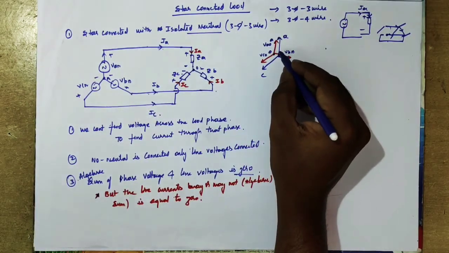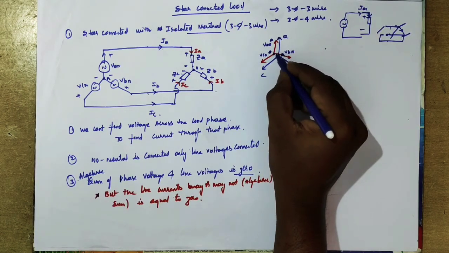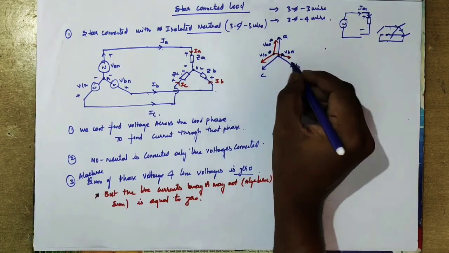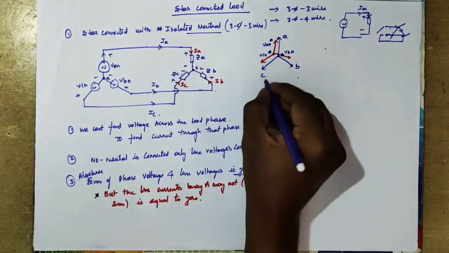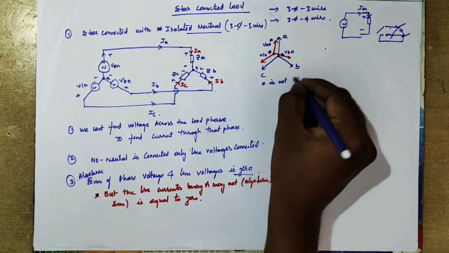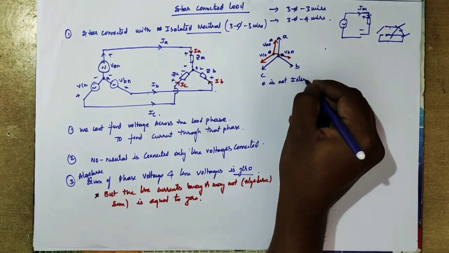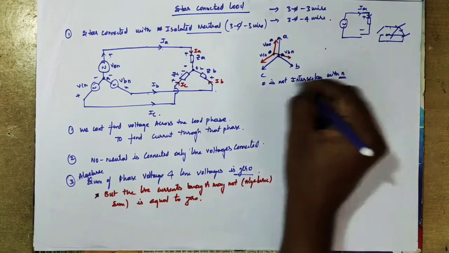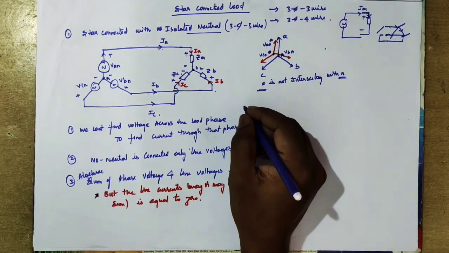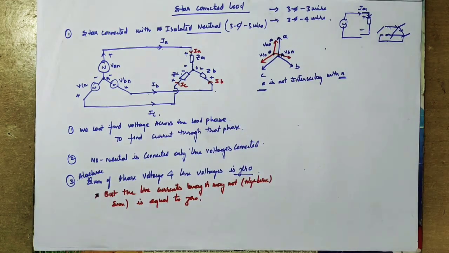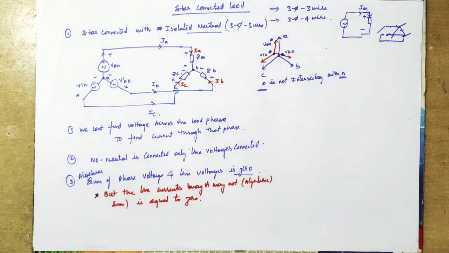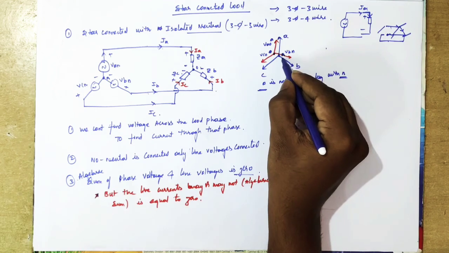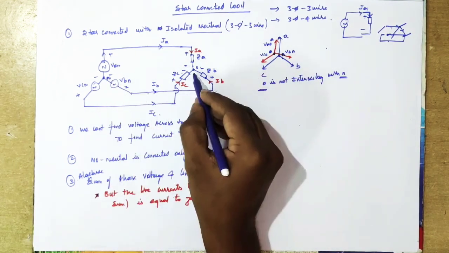We call these N and O. This N and O are not connected. So this O is not intersecting with N. This is the supply neutral, and this is the load neutral.